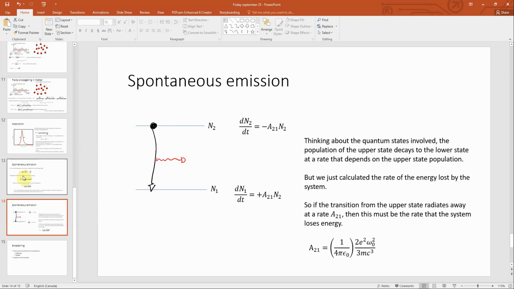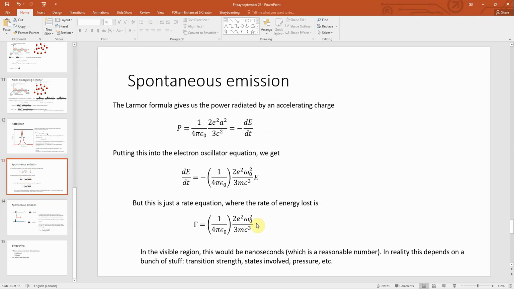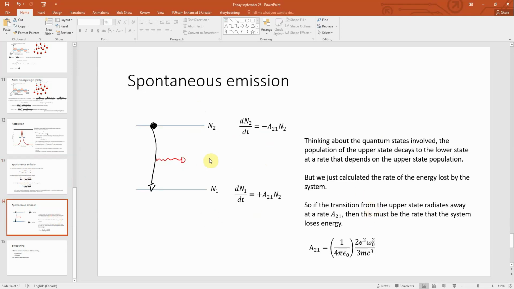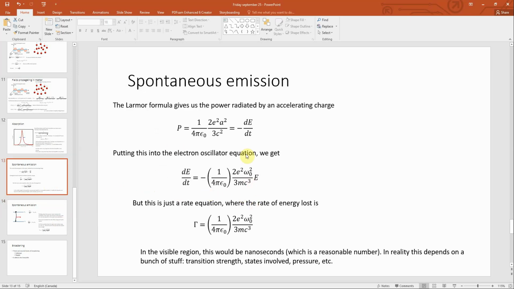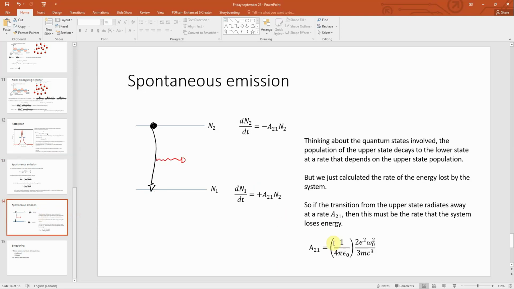But what we just calculated before was the rate of the energy lost from the system. And this is also going to be releasing a photon as we go from the upper state down to the lower state, so that's releasing energy. So we can relate this rate of energy loss to the rates of these states changing.